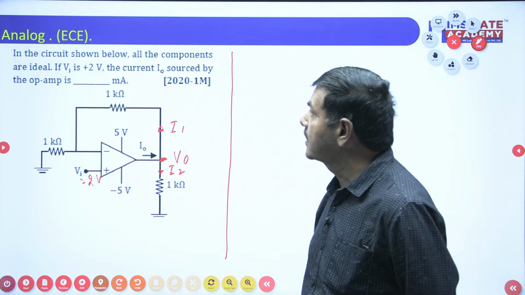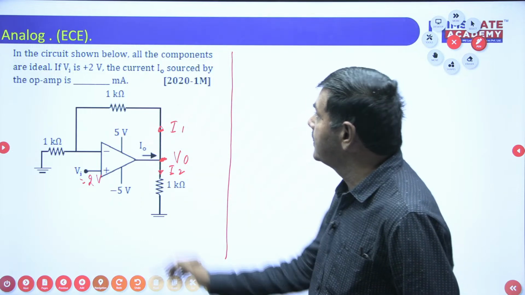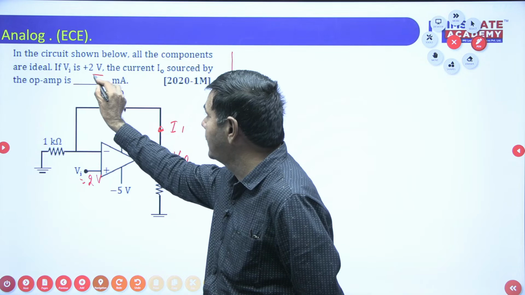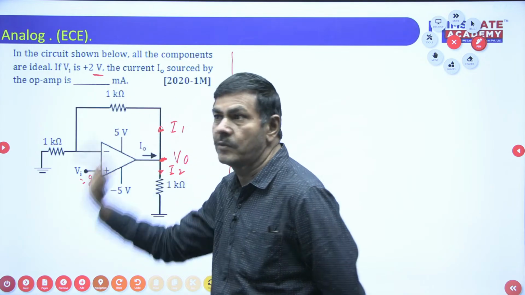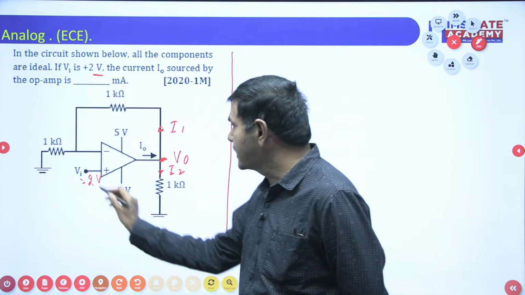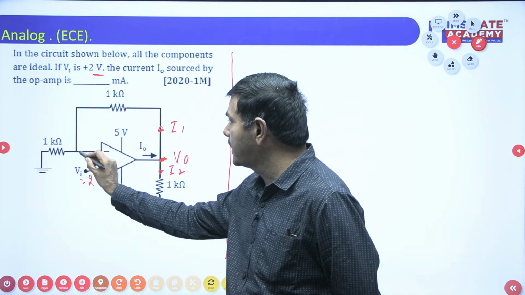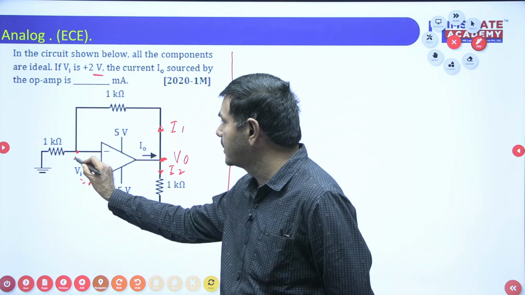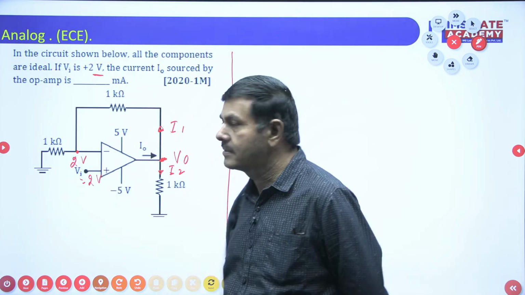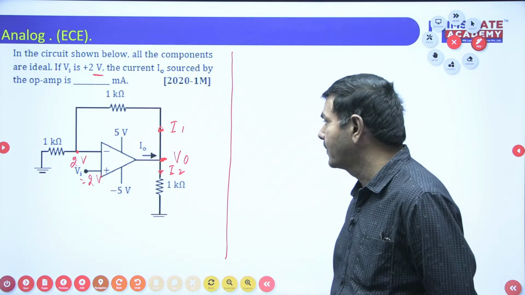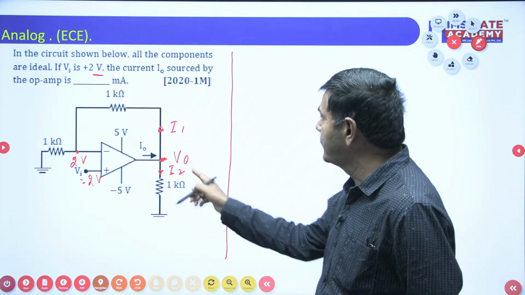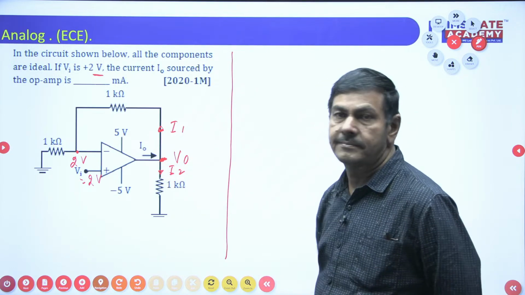In the problem, strictly, Vi is 2 volts and the op amp is ideal. In this case, V plus and V minus are the same. If this voltage is 2 volts, this voltage is also the same 2 volts. Initially, I wish to find what V0 is here.